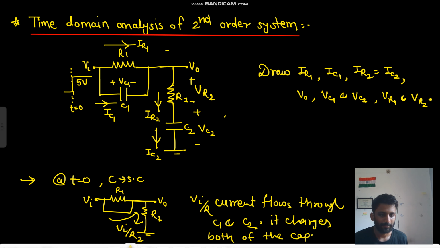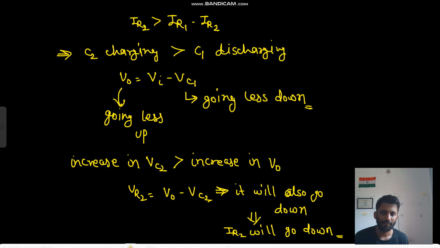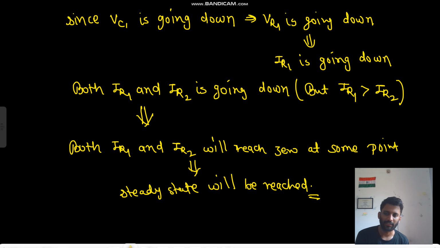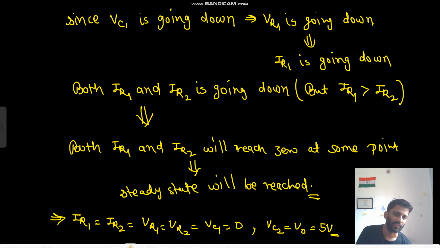So at steady state, IR1 equals IR2 equals VR1 equals VR2 equals VC1, all are 0, and your VC2 equals V0 equals 5 volt.